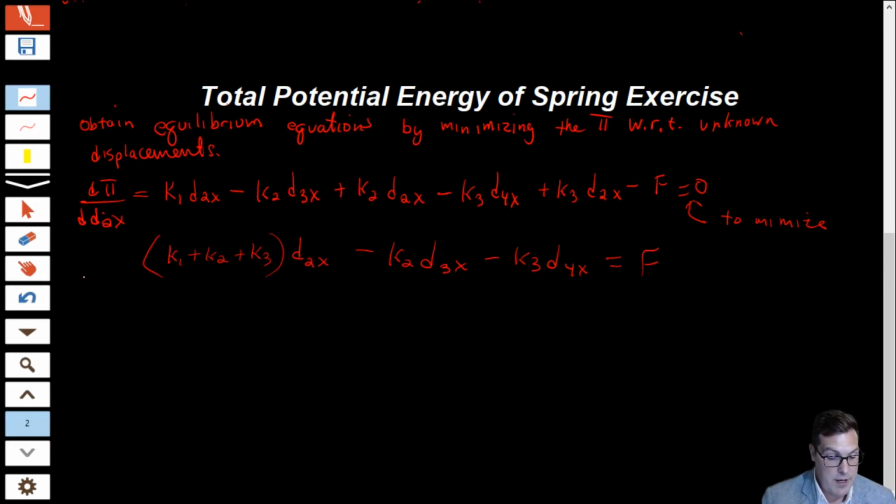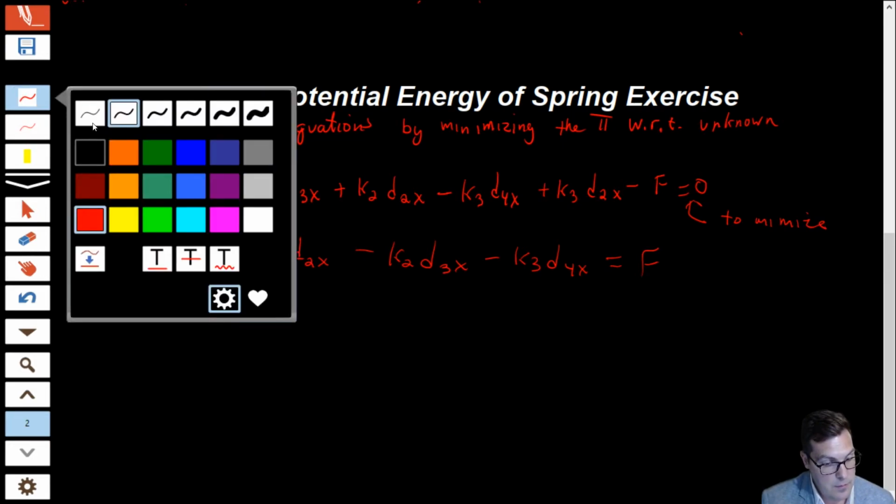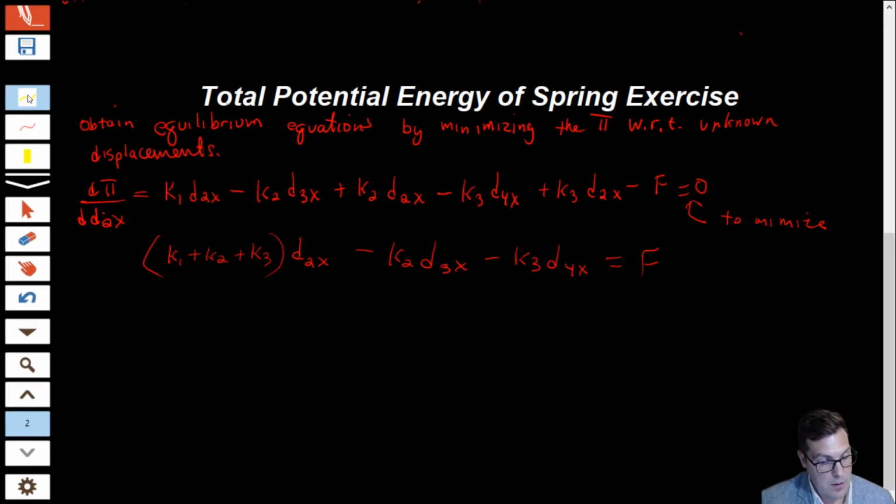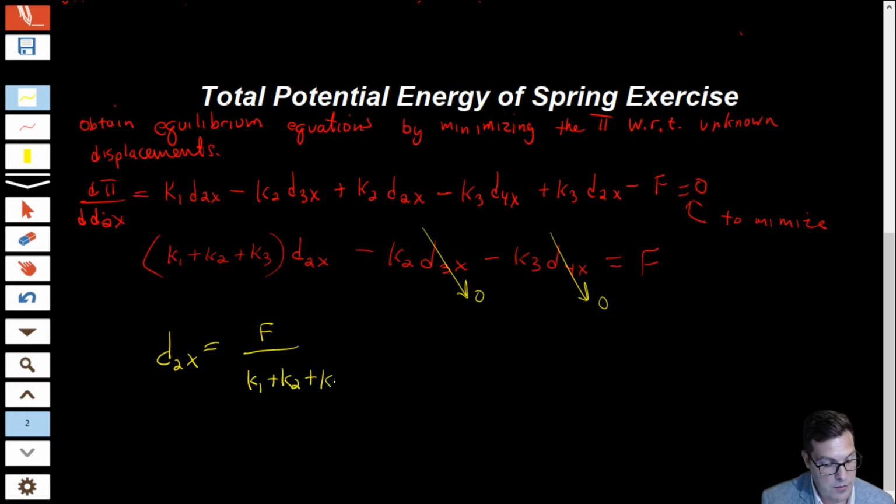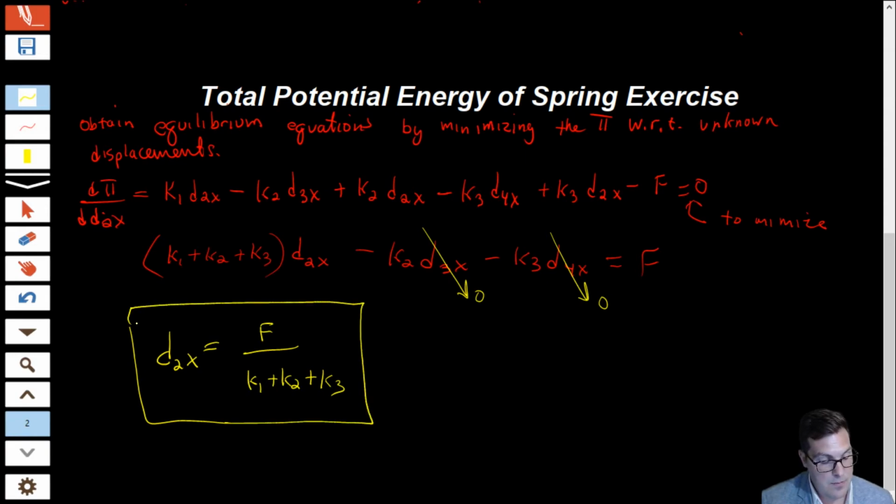So we look at this and we say, well, we know what these are, right? This is equal to 0. This is equal to 0. So then we can solve for our d2. So we have d2x is equal to f over k1 plus k2 plus k3. And that is the displacement of node 2.